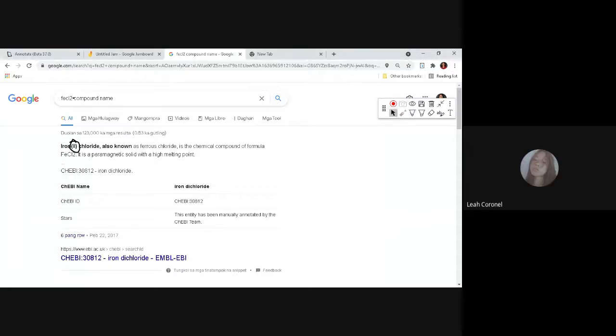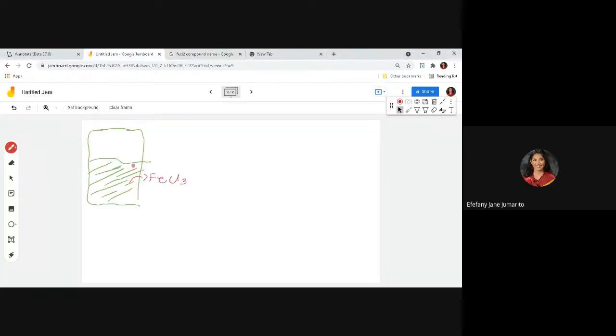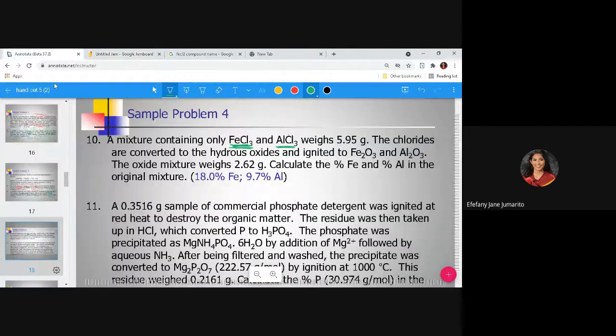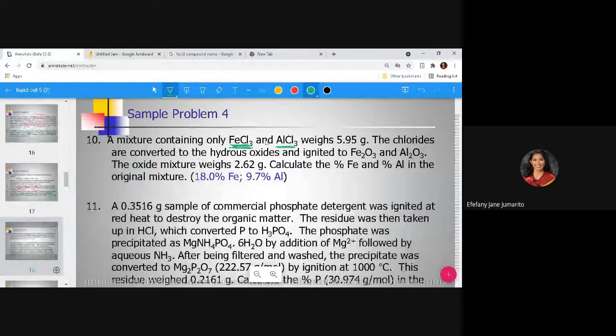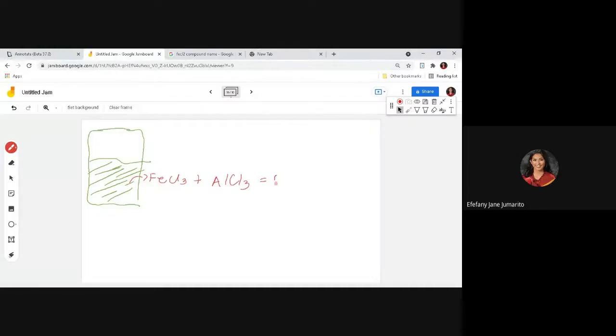Aluminum chloride, ma'am. Now, in this solution, we have ferric chloride and aluminum chloride. What's the weight of the two? That is equal to 5.95.